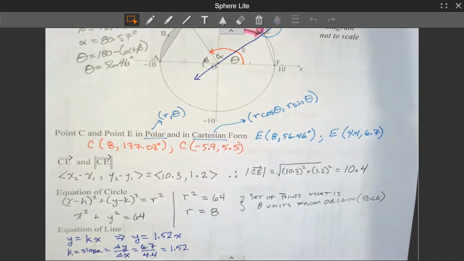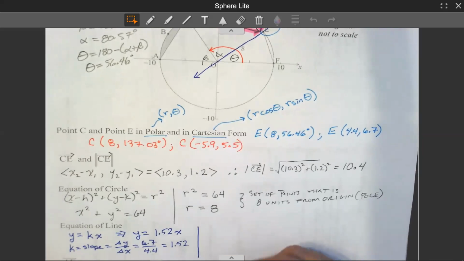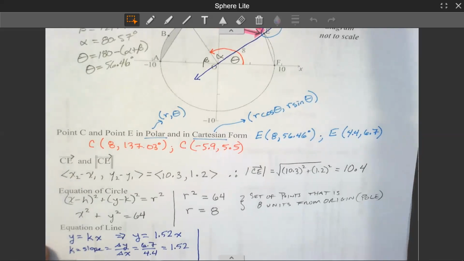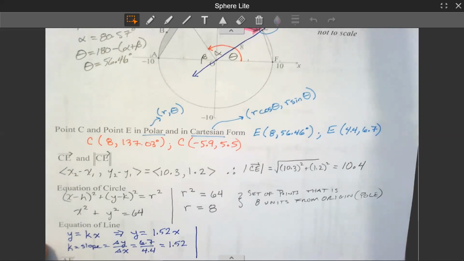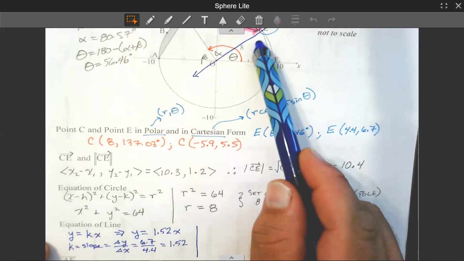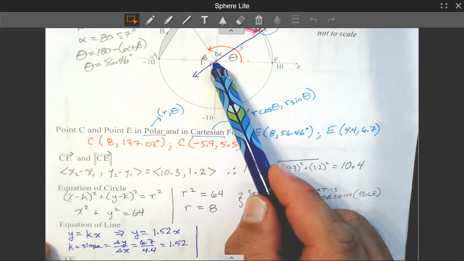Okay. How can we get the equation for the line in polar form? Well, one way to do it is to recognize what it represents. Here is a line that goes through the origin.